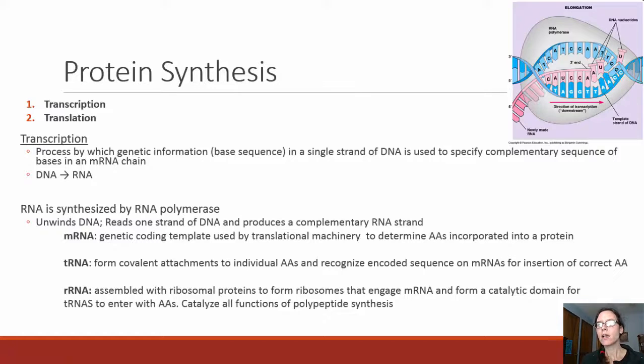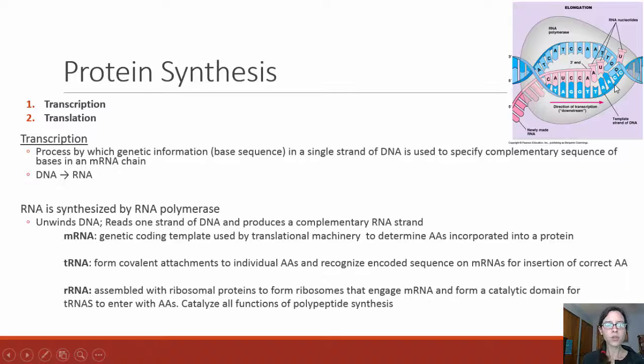So you can see here, we're unwinding, and then this is going to be our coding strand, and this is the mRNA that is being produced off of this DNA sequence. So you can see that the mRNA is base pairing with the coding DNA strand.